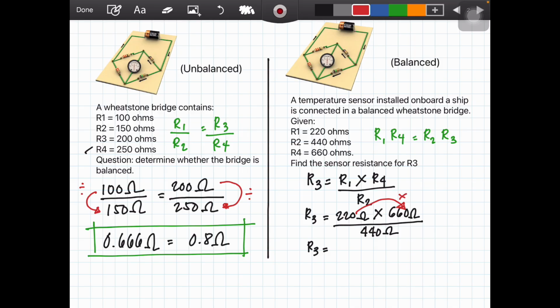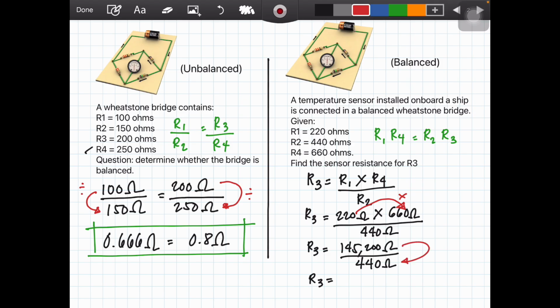What do we get by multiplying those? 145,200 over 440 ohms. Now we write again R3 because R3 is what we are looking for. Now this is the time we divide them. 145,200 ohms divided by 440 ohms.